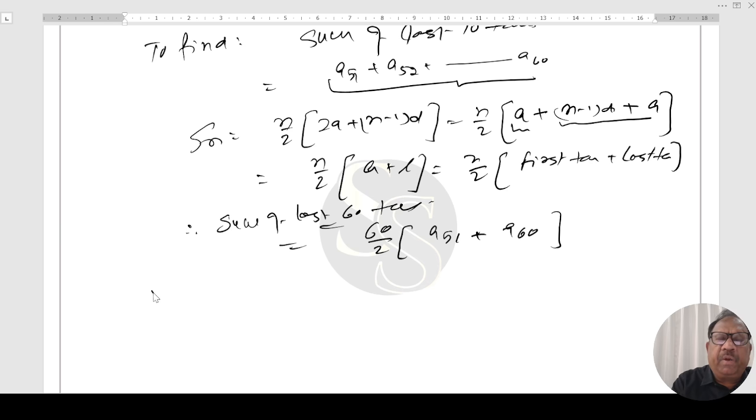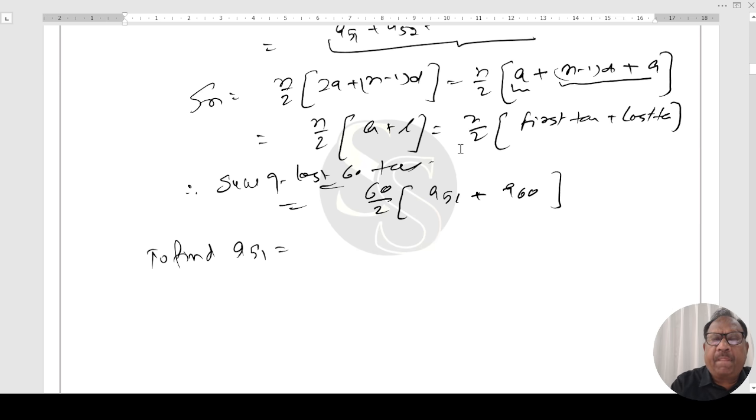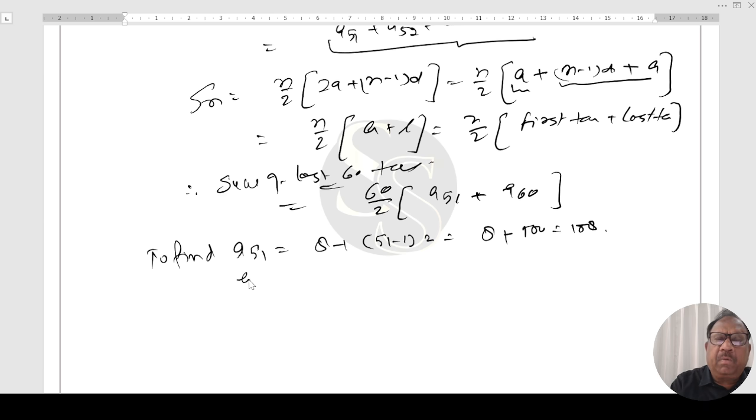Find A51: first term is 8 plus 51 minus 1 into 2. That is 8 plus 50 into 2, 100, that is 108. And A60 will be equal to 8 plus 60 minus 1 into 2.